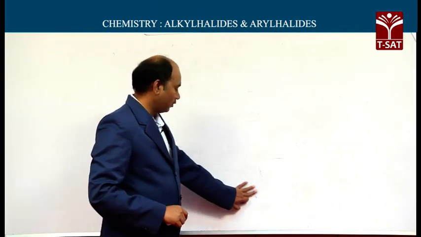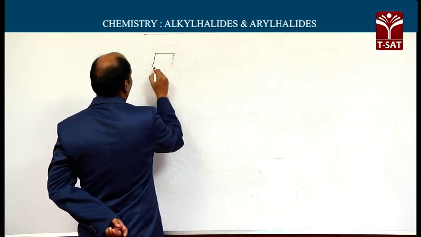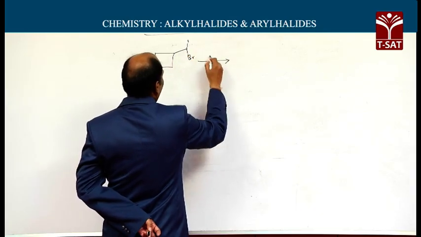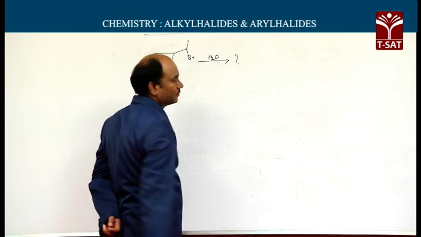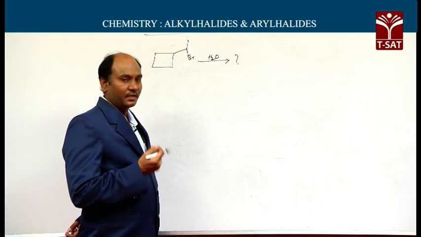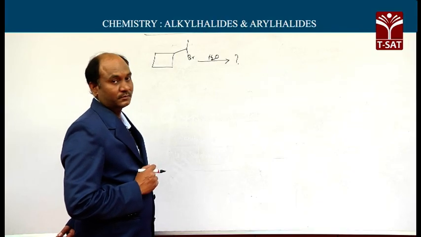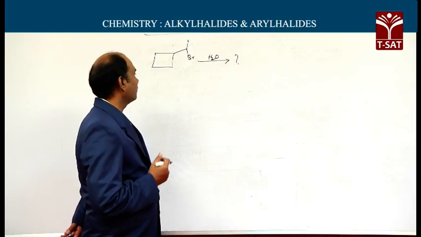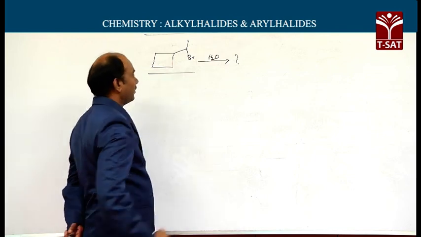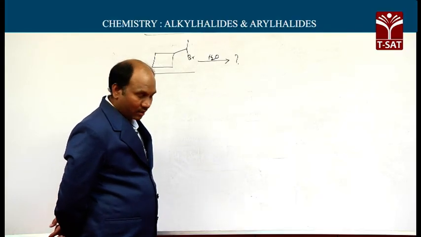So now the next example on the SN1 reaction. Here this is a cyclobutyl compound, here this is Br, and it is treated with water. So what happens? Let us consider we don't know which reaction it is, SN1 or SN2. If it is given in an exam, how can we proceed? How can we attack and solve this question? First of all, see which functional groups are present in the reactant. In the reactant Br is present, that means this is an alkyl halide.